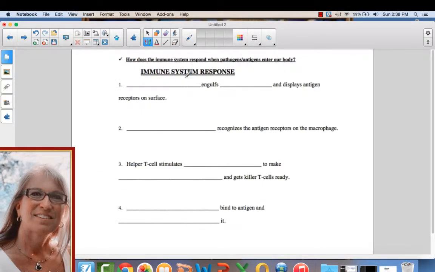So let's talk about the immune response when a pathogen antigen enters our body.